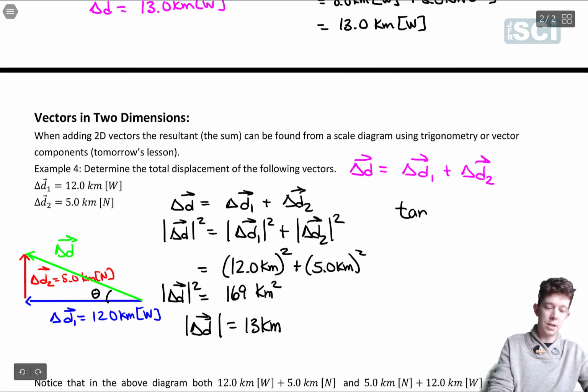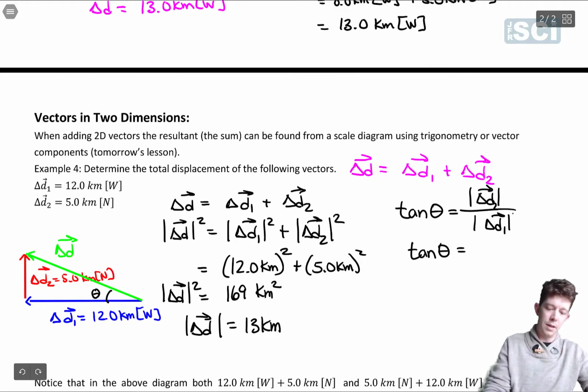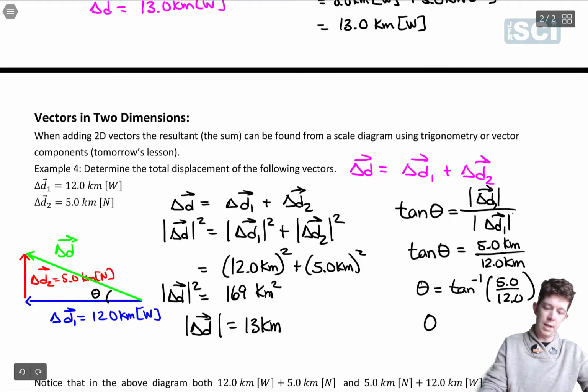So I can say tangent of my angle is my delta D2 magnitude divided by delta D1 magnitude. So tangent of my angle is equal to 5.0 kilometers divided by 12.0 kilometers. Tangent inverse of 5.0 divided by 12.0 gives me an angle of 23 degrees.